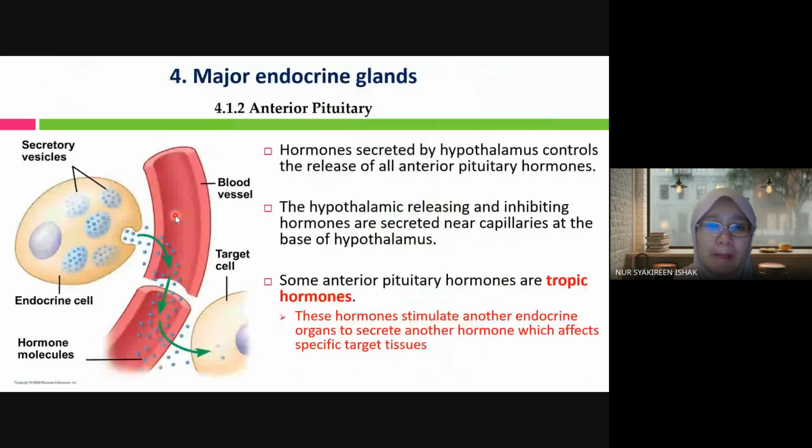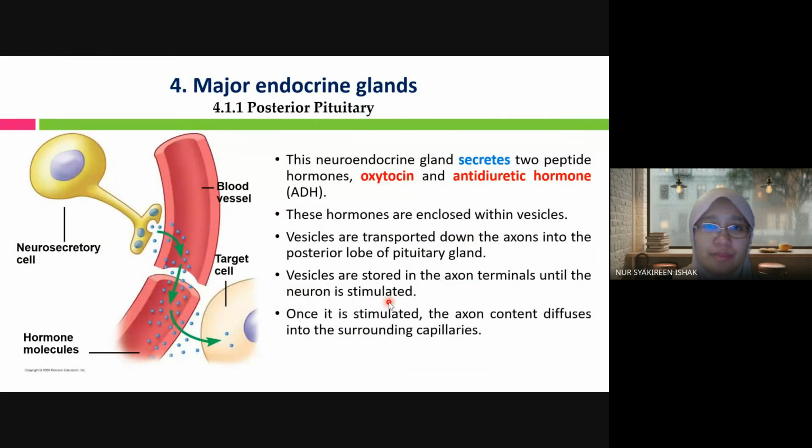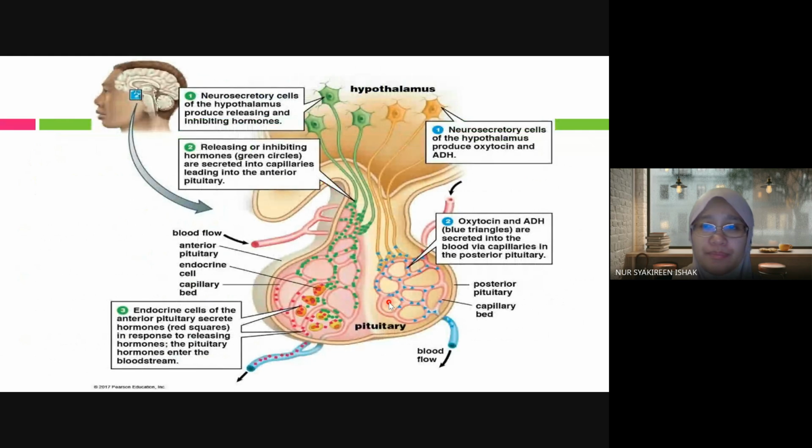Wait, let's look. Endocrine cells. We call them endocrine cells.